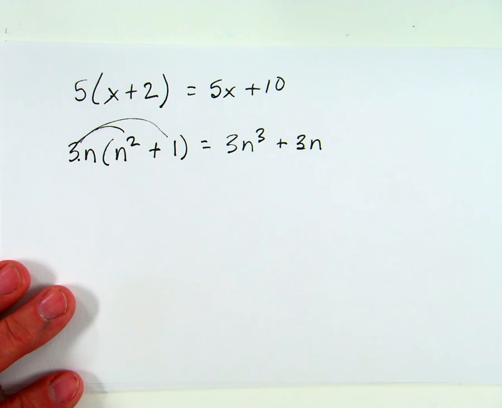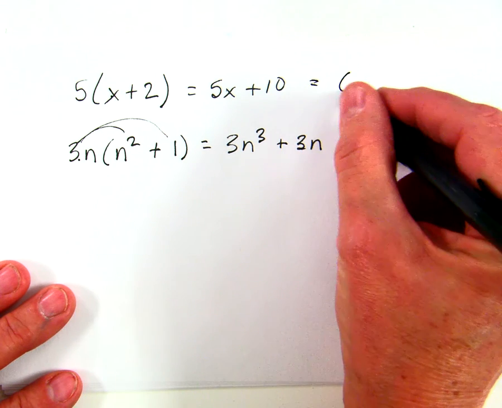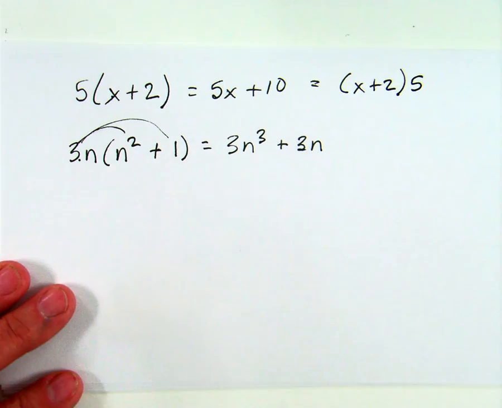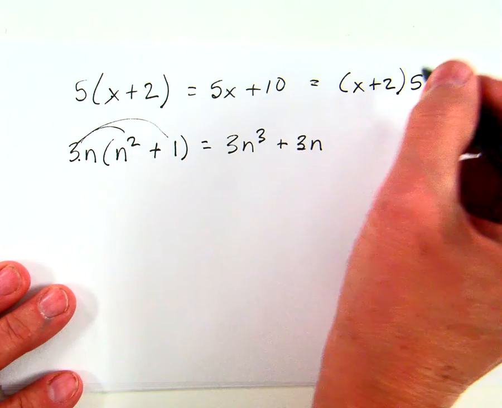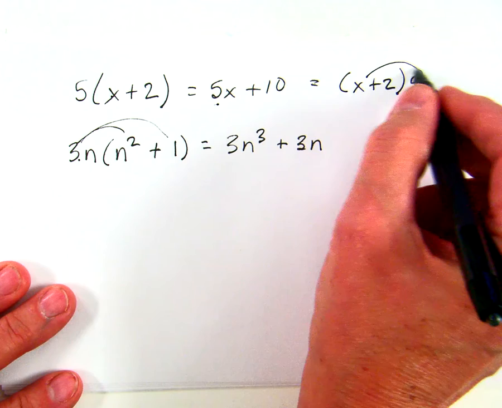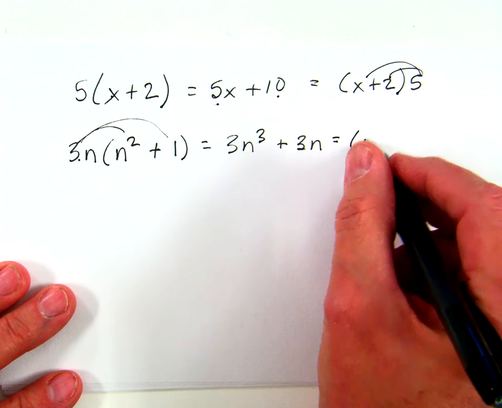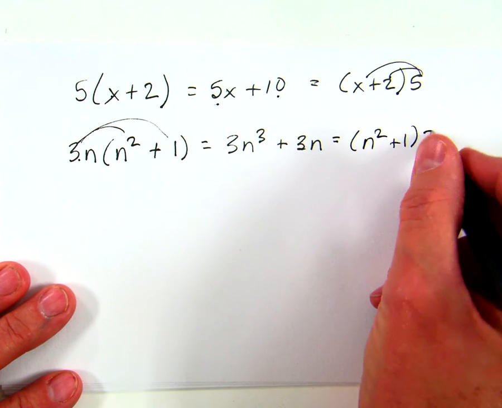Also remember that although we don't do it very much, you can also do it backwards. For example, you could have (x plus 2) times 5, and that'll work just fine. You can say, 5 times x, 5x, 5 times 2, 10. This one, the same thing. You could have (n squared plus 1) times 3n.